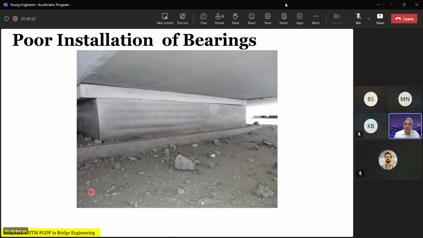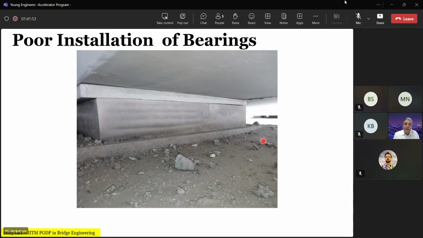Ah, okay. And as a consequence, what do you see? So you have noticed the problem that the contact between the superstructure and the bearing is not uniform. Correct? So what did it lead to? It is leading to non-uniform loading of the bearing first, always.